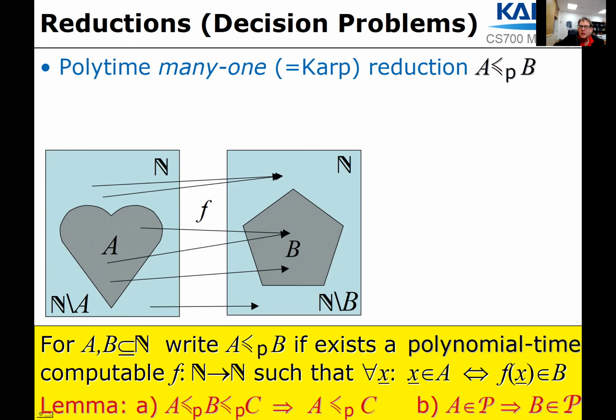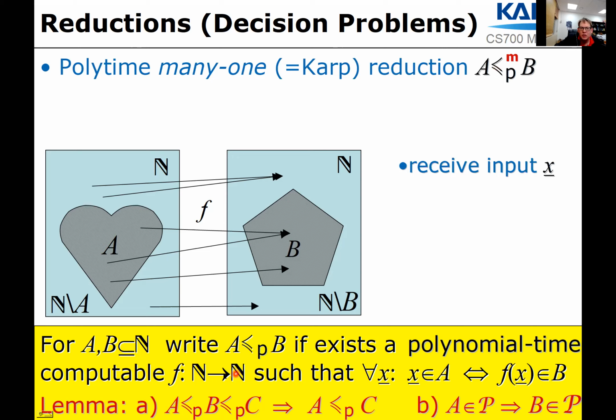Maybe what we covered is nowadays called a Karp reduction, or also called a many-one reduction, where the algorithm supposed to solve the decision problem A can use the decision problem B in the reduction using the reduction function.